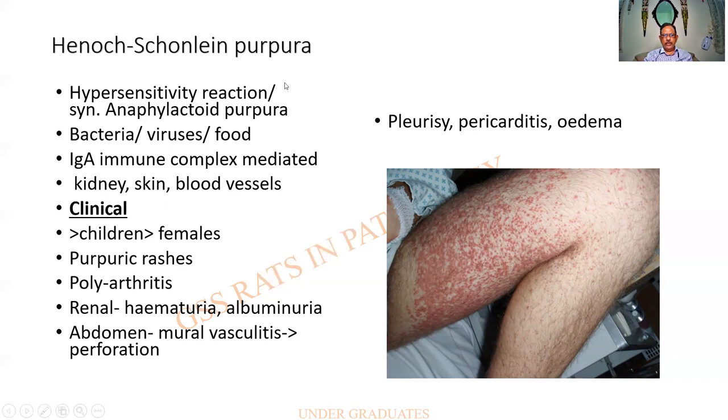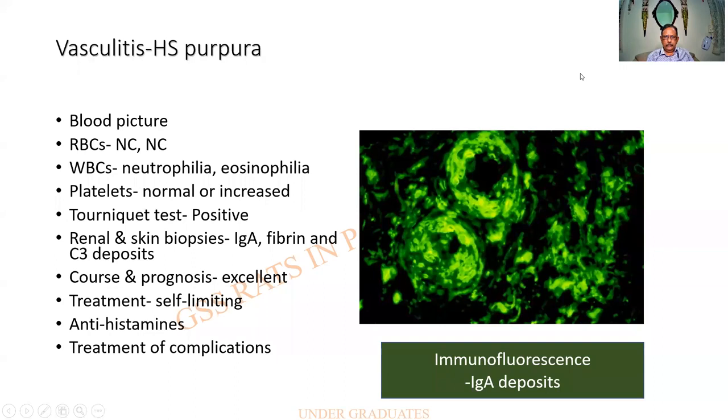Henoch-Schönlein purpura. So this is an immunofluorescent picture in which we are finding glistening substances on the vessel wall, and a photograph has been taken because it cannot last more than 30 minutes.